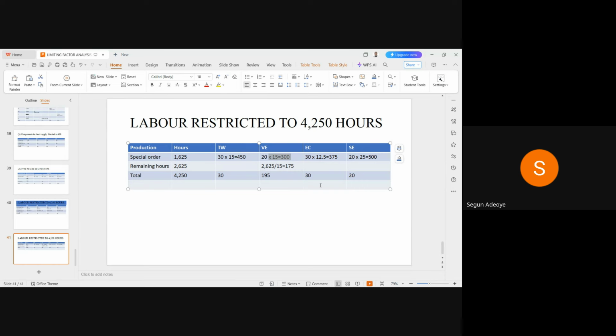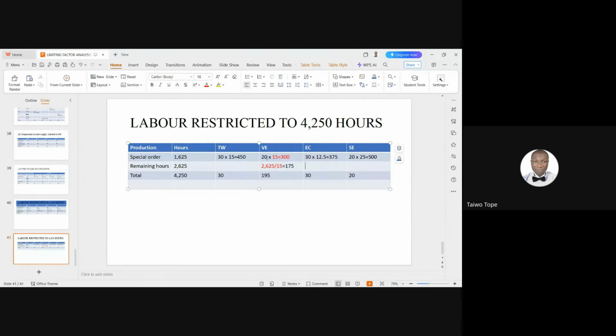So you have 195, that is 20 plus 175. All these are just workings to show students how to derive the necessary values.